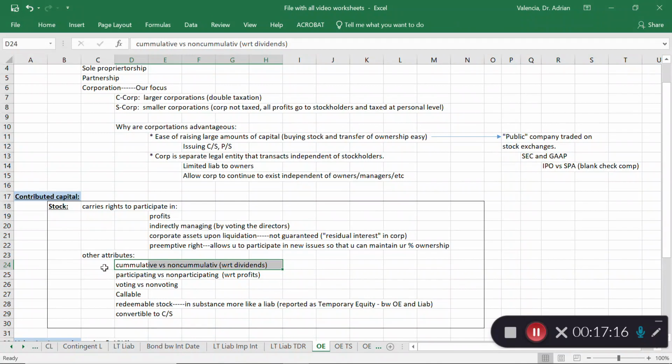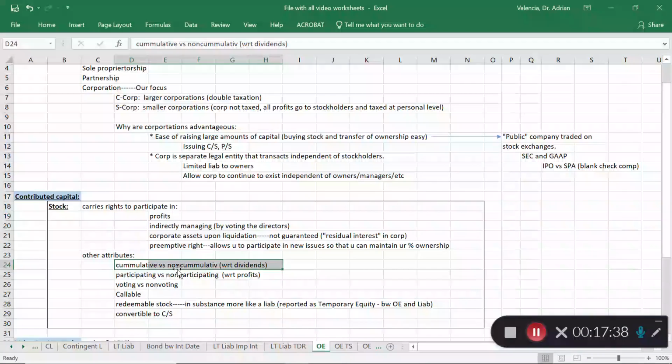And if that's the case, every year that preferred stockholder is going to receive $1 per share, whatever the case may be. It's not guaranteed though, okay? Because if the company doesn't have cash to pay out dividends, then even that preferred stockholder whose certificate says that they will get $1 per share, maybe in 1 year they will not receive it, and that's okay.